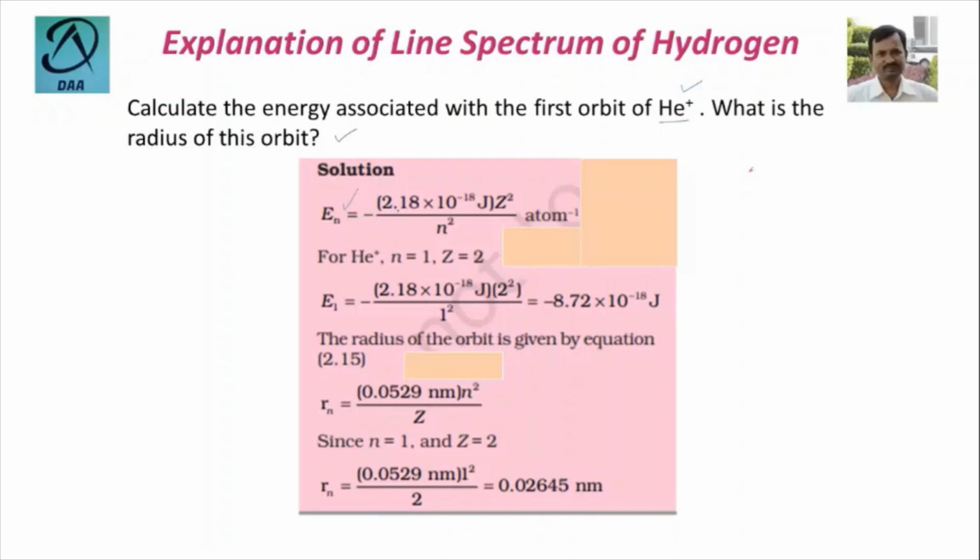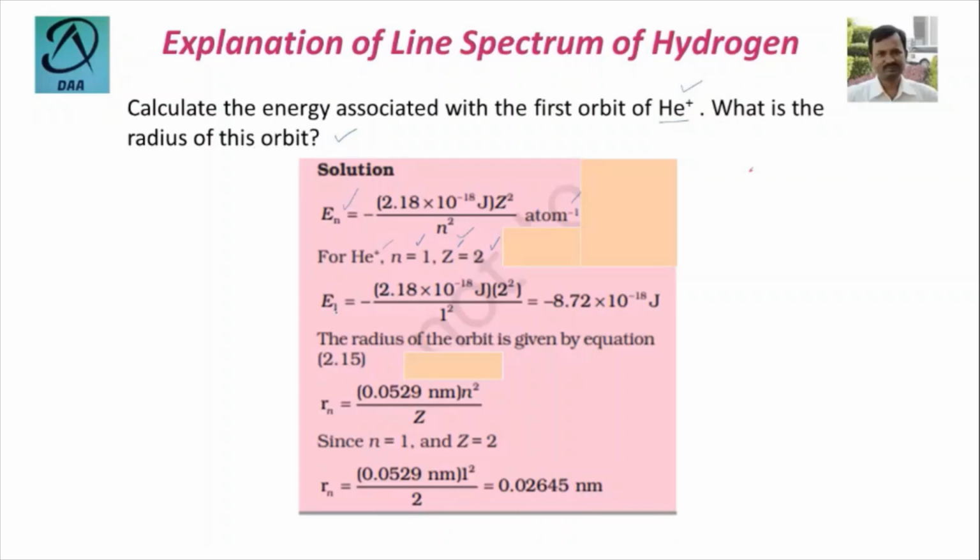En is equal to 2.18 multiplied by 10 to the power minus 18 joule, Z square by n square, per atom. For He plus, what is the n value? Because it is the first orbit, the principal quantum number n is equal to 1. But Z, the atomic number, is denoted by capital Z, and the atomic number of helium is 2.